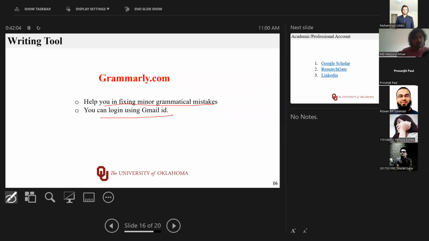When you come to the USA for higher study and go to a good school, they will give you free access. If you have an education ID, the university will pay for you, so you can use the premium version.